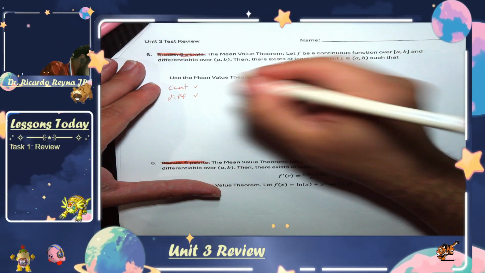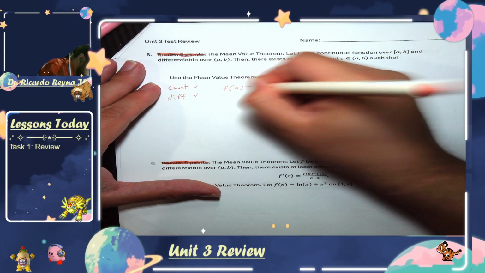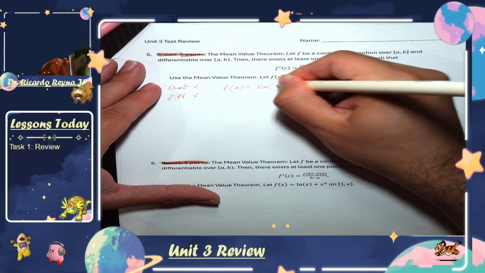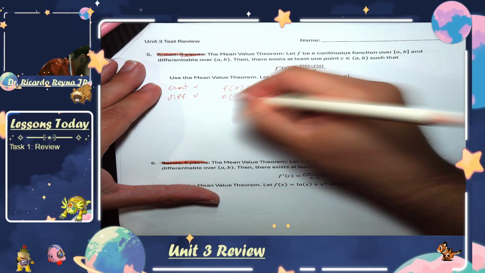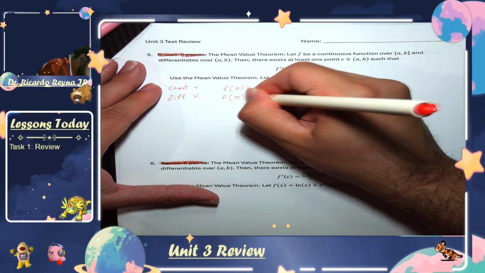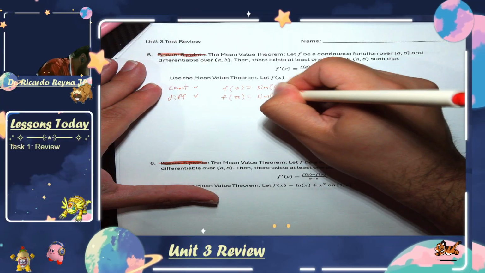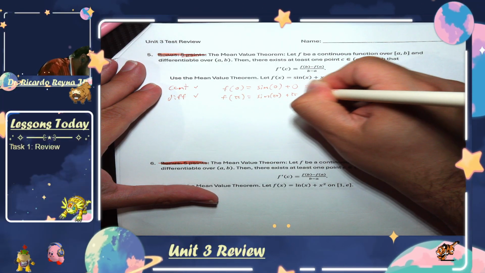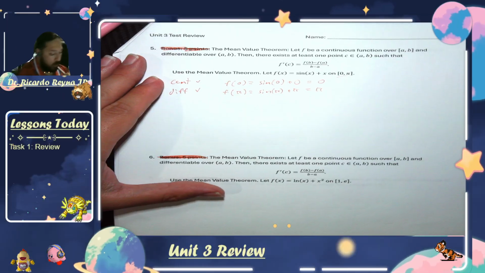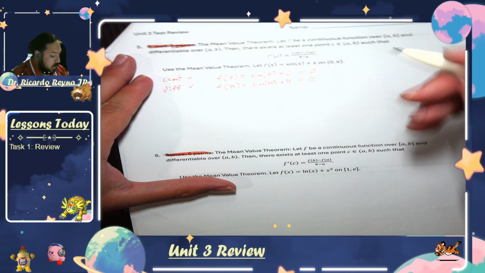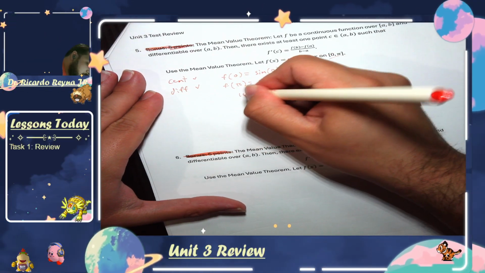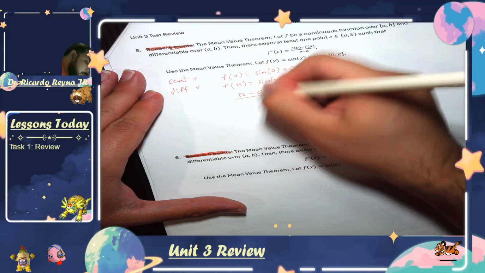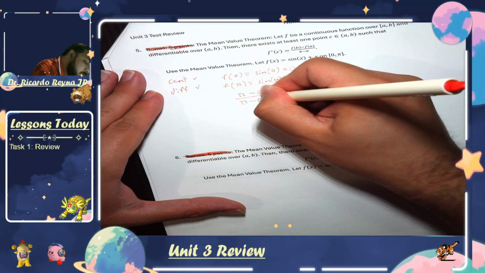So we know f of 0 is just going to be sine of 0 plus 0, which is just 0. And then f of pi is just sine of pi plus pi. And then we get pi.